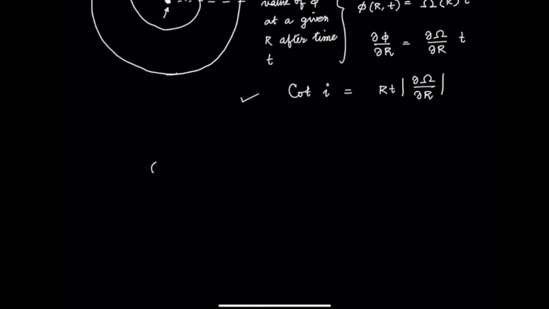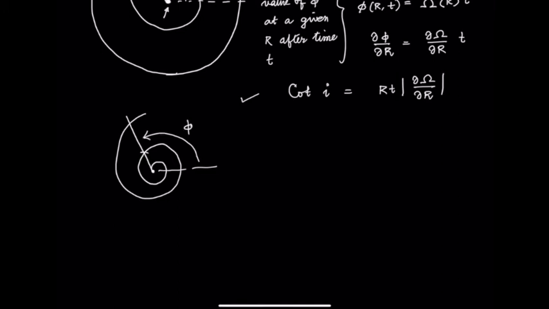The spiral arm after some time will look something like that, right? If I fix a certain phi, this is my phi, it goes through the arms at different points.